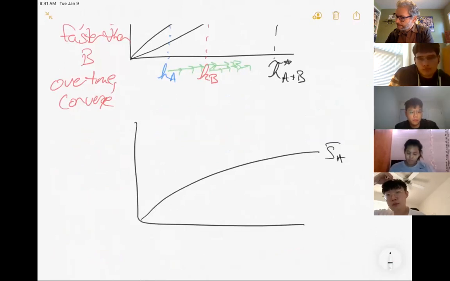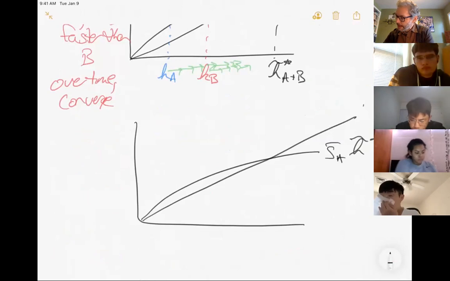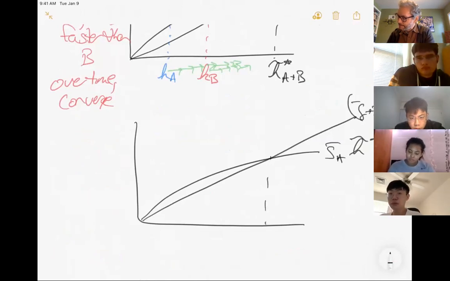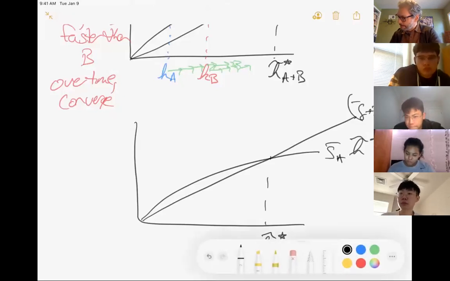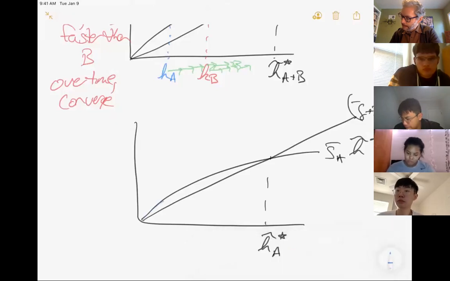one country, A, has this savings rate. And so that's their balanced growth path. But another country, country B, has a lower savings rate.